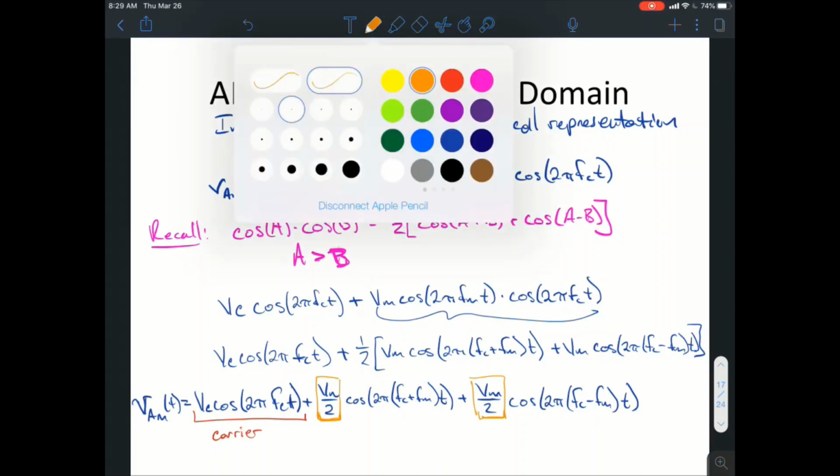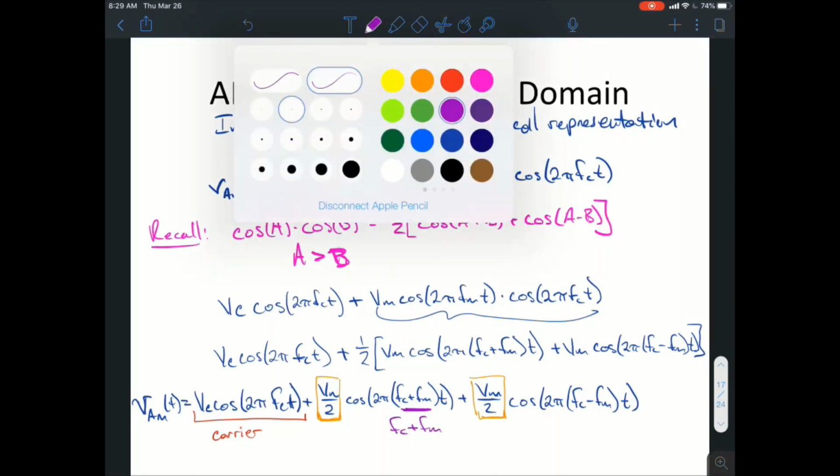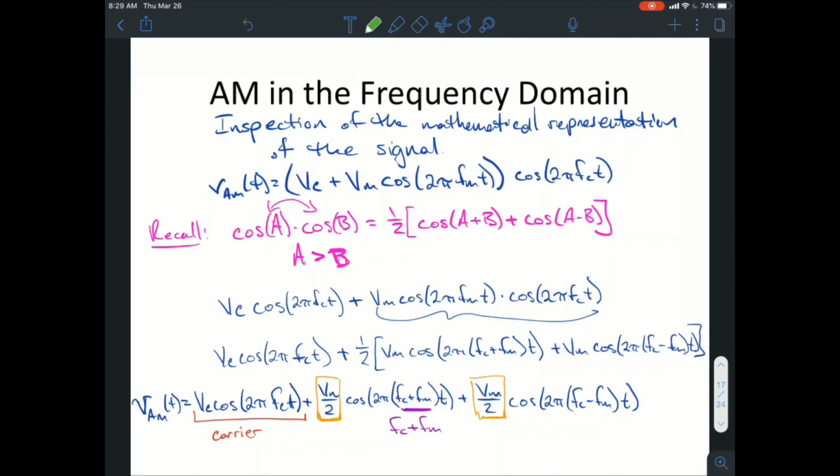And in these separate signals, we have two different signals. We have the higher frequency signal, f sub c plus f sub m, and then we have the lower frequency, which is going to be f sub c minus f sub m.